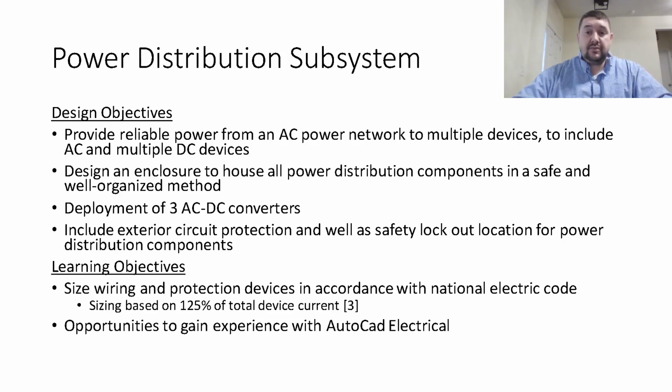So we have 3 converters in this subsystem that convert 120 volts to either 15 volts DC for the Nintendo Switch, or 5 volts for items like the fans or the main controller that's located within the power distribution box, or we have a 12 volt DC linear actuator motor that we power up as well.